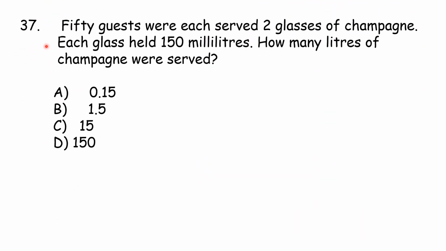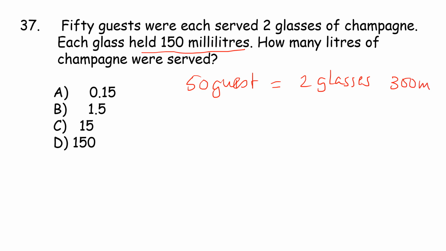For question 37, 50 guests were each served 2 glasses of champagne. Each glass held 150 milliliters. So that means 50 guests, 2 glasses, each glass holds 150 milliliters. So that means they're going to get 300 milliliters, right? How many liters of champagne were served? So we'll have to multiply.